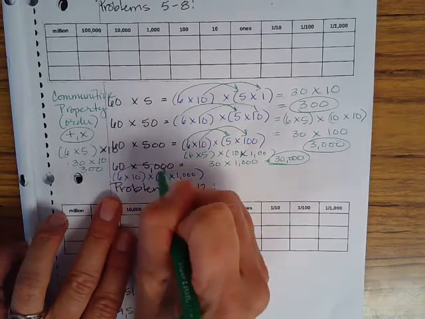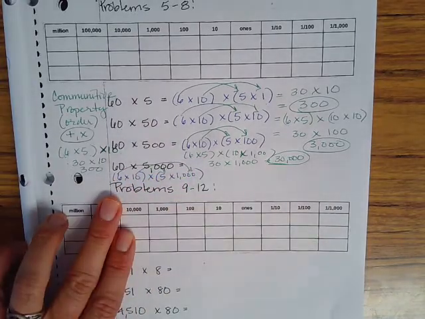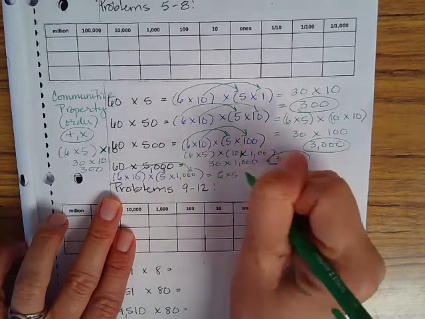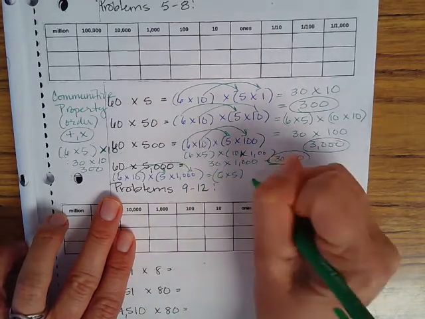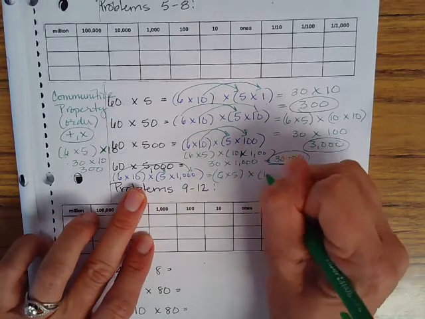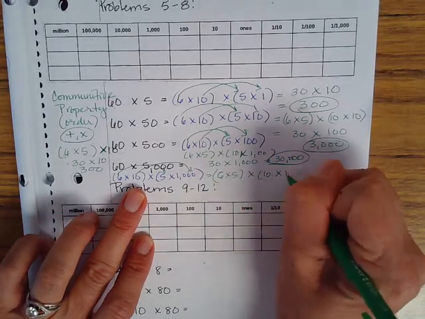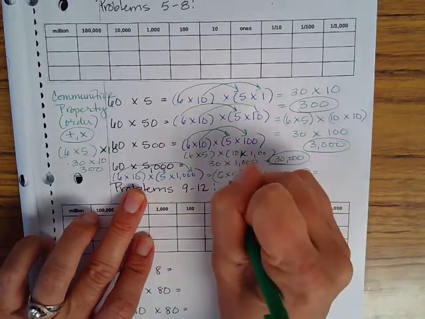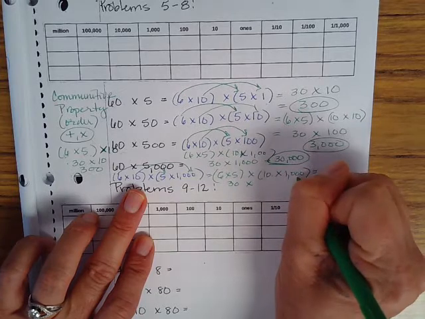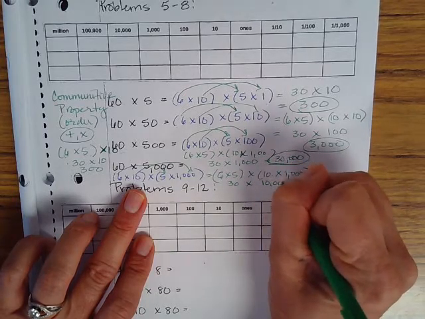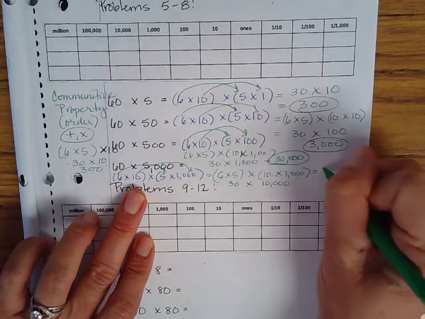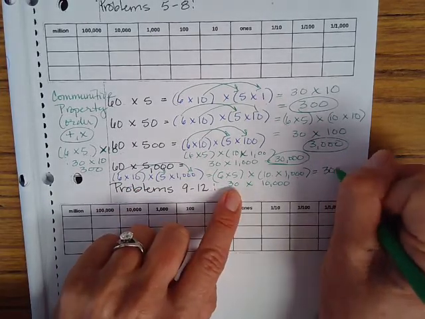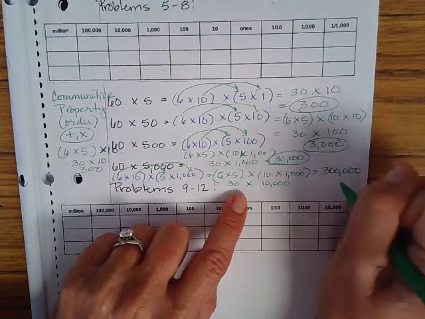So 6 times 5 and 10 times 1,000 is going to give us 30 times 10,000, which is going to give us 300,000.